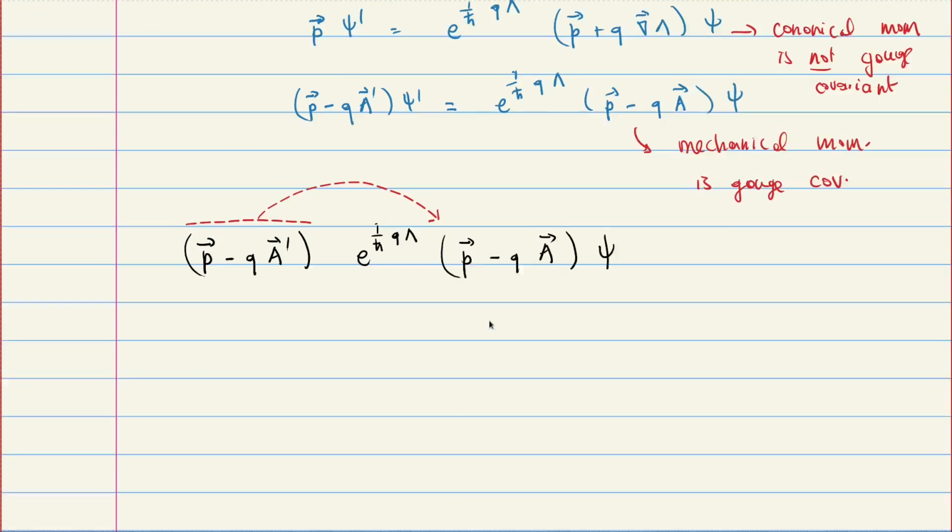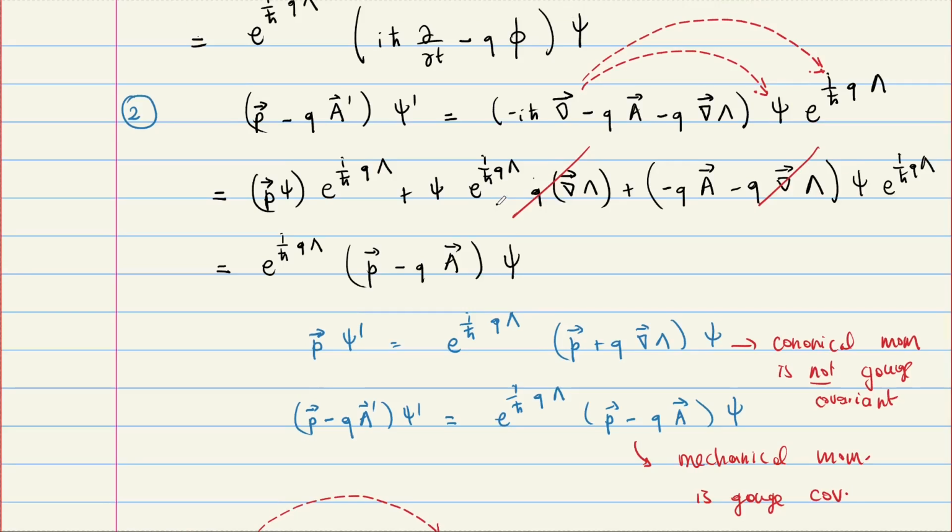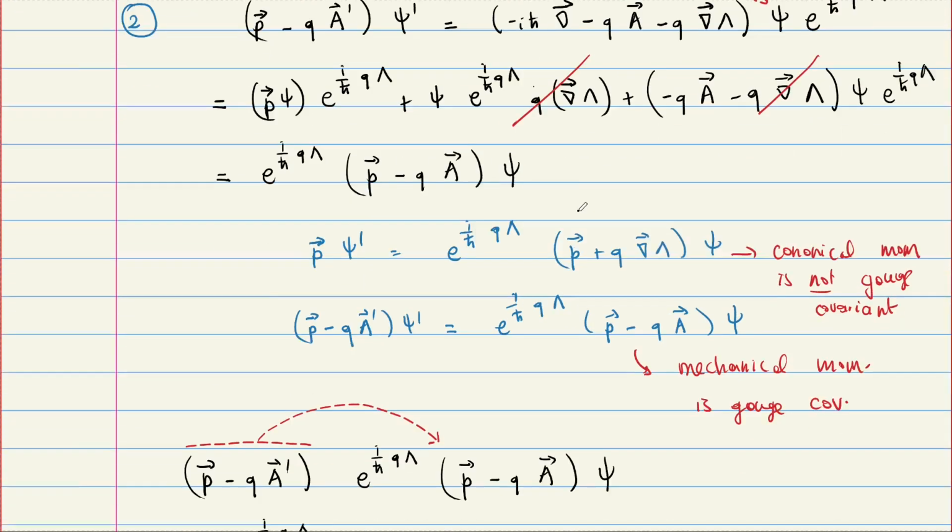I want to do exactly the same thing. So this is going to be equal to e to the i over h bar q lambda. Now I jump over this, then p is going to be p plus q gradient lambda, as I just saw here.